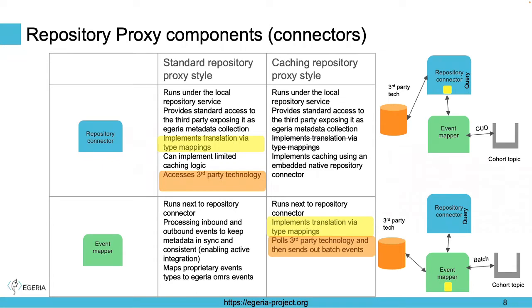It has the responsibility to implement the whole mapping logic between the proprietary types and what we call OMRS, common language types in Egeria. And it can also have some caching logic, but that really depends heavily on the underlying technology. And then in some way it accesses the external technology. And then the event mapper is responsible for processing inbound and outbound events.